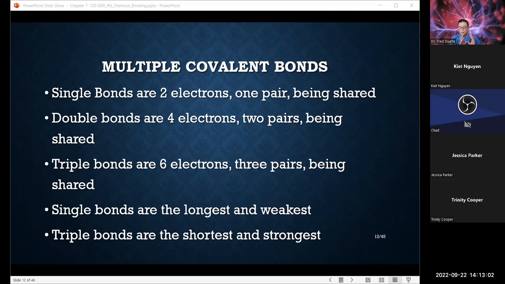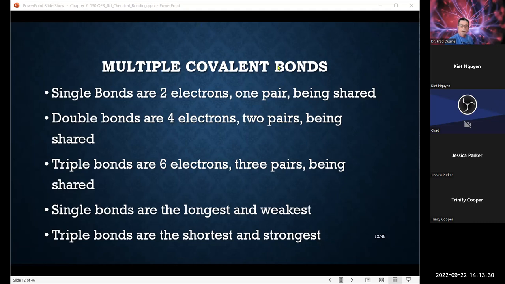Basically, when you see one line with two elements bonded to it, that tells you those two electrons are being shared in that single bond. If you see two lines, that double bond has 4 electrons being shared, and a triple bond will have 6 electrons.